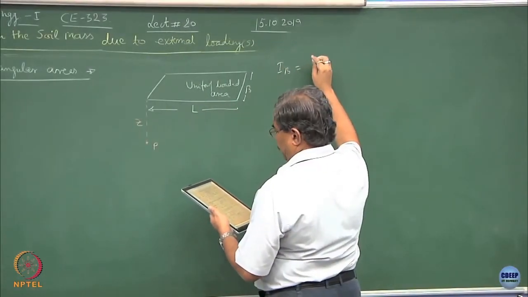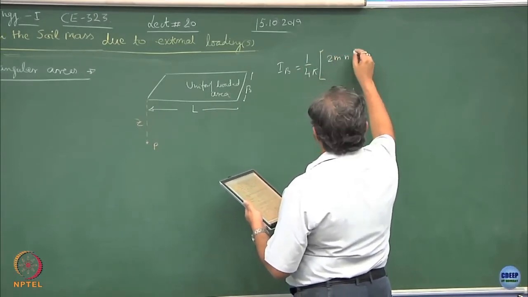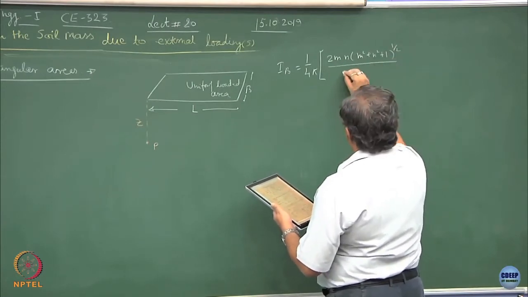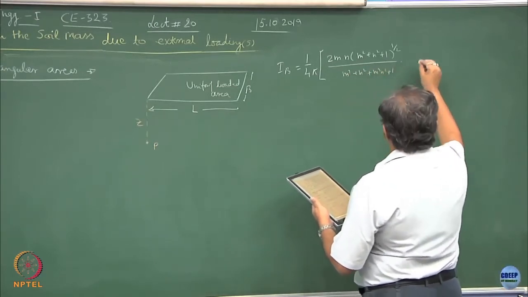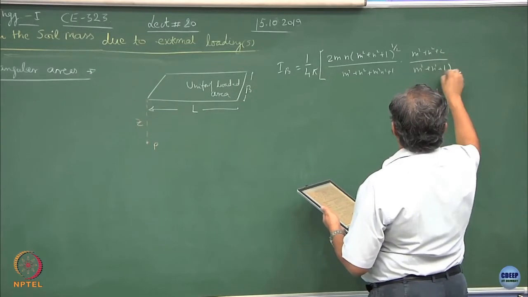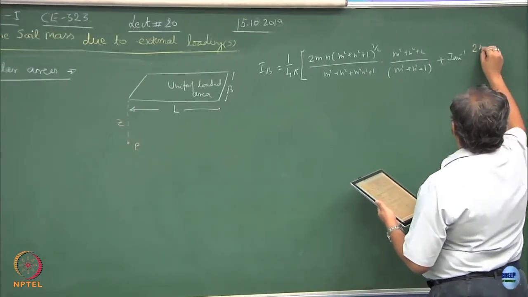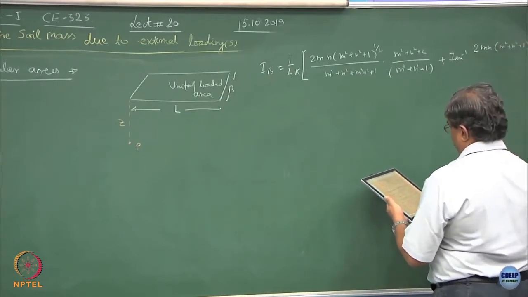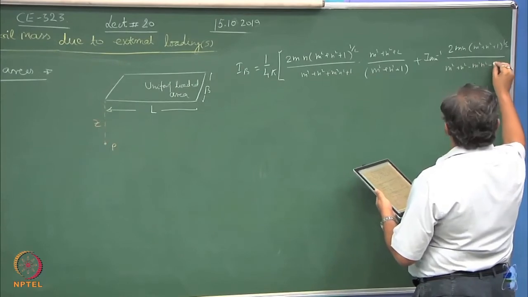The influence factor would be 1 upon 4 pi, into 2 mn square root of m square plus n square plus 1, upon m square plus n square plus m square n square plus 1, multiplied by m square plus n square plus 2 over m square plus n square plus 1, plus tan inverse of 2 mn square root of m square plus n square plus 1, upon m square plus n square minus m square n square plus 1.